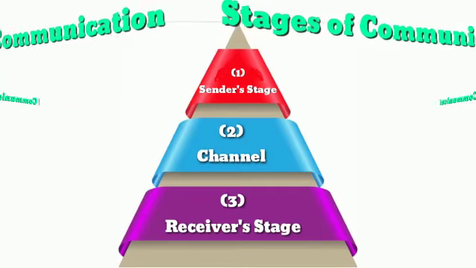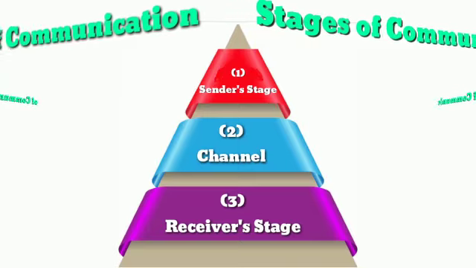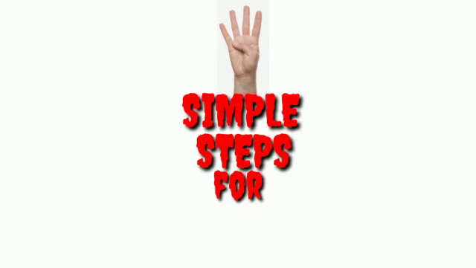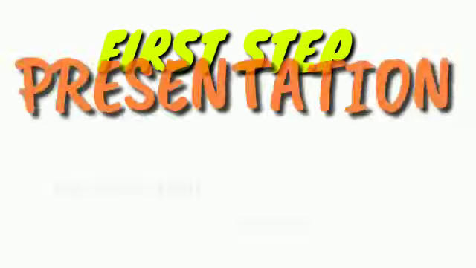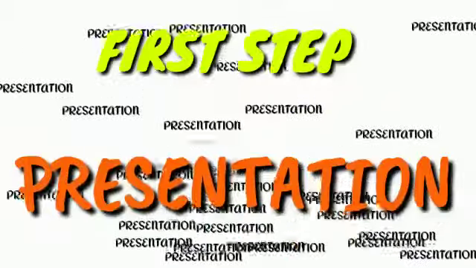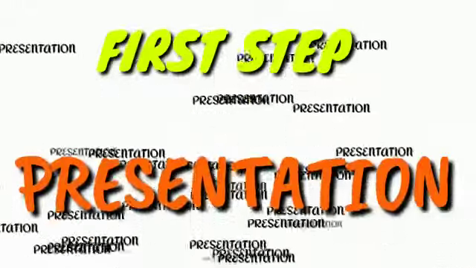Now, after the detailed talk on the aspect of communication, I would further and finally talk about the 4 simple steps for effective verbal communication. The very first step towards effective verbal communication is presentation. This is applicable for the sender who sends the message.